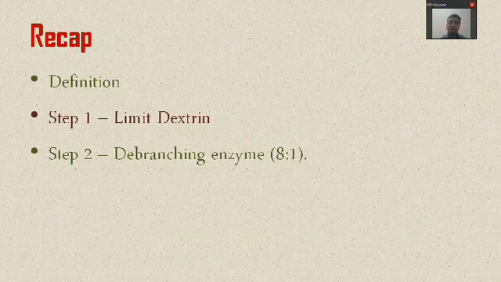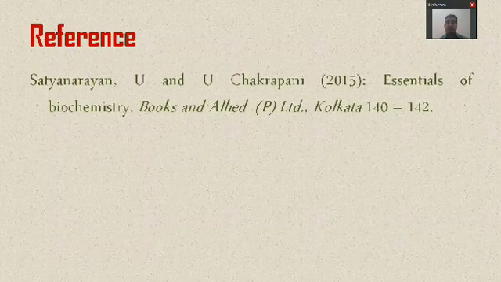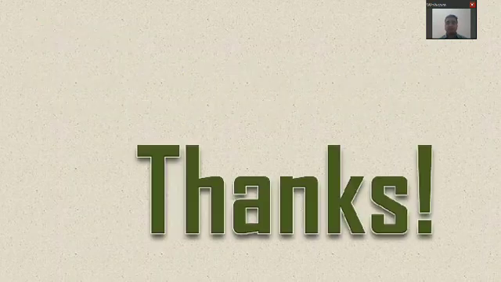Then we discussed step 3, in which glucose 1 phosphate is converted into glucose 6 phosphate in muscles and glucose in the liver, with products as per the location. So that is glycogenolysis. For this I have used the book Essentials of Biochemistry by Satyanarayan and Chakrapani, and this matter is on page numbers 140 to 142. Thanks.